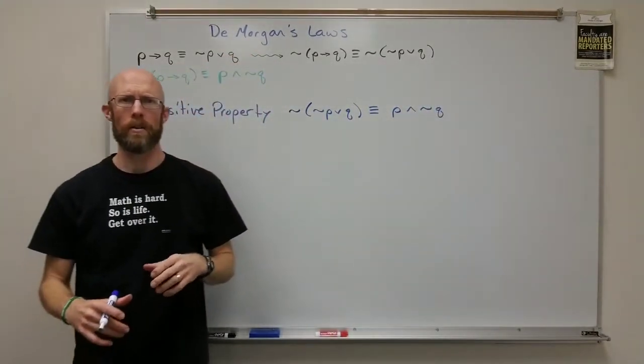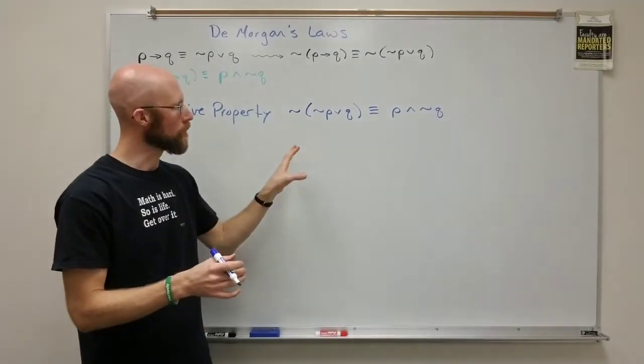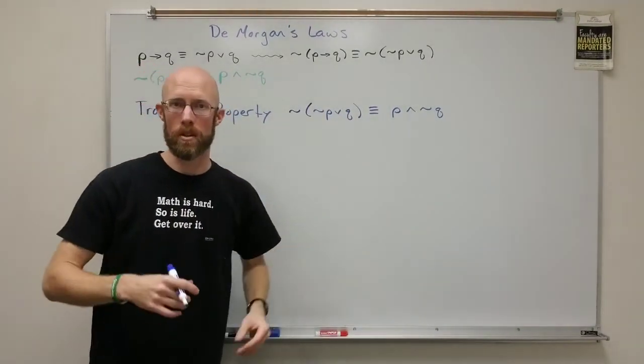Okay, so how could I interpret that a little bit more broadly, maybe even reducing the number of negations in here a little bit?